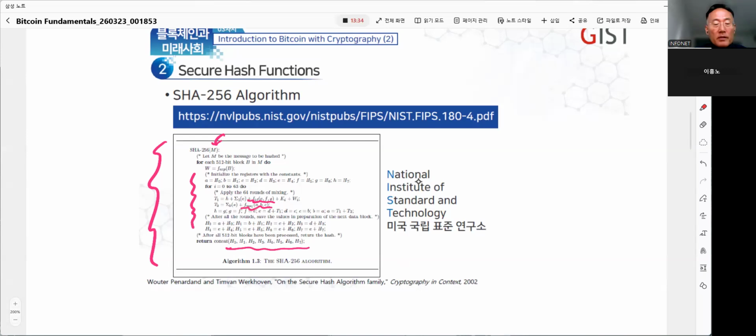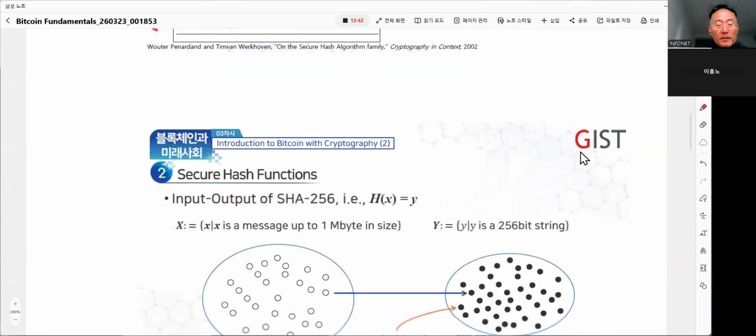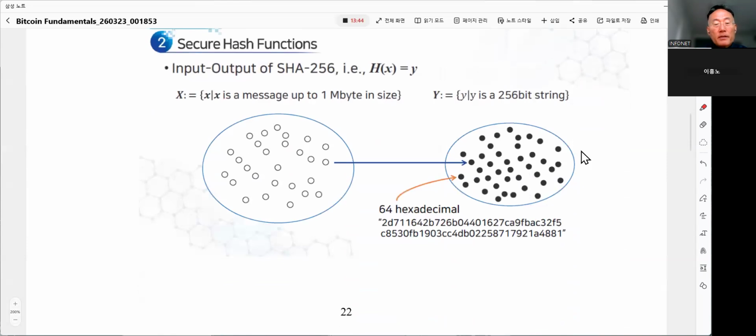The output looks like gibberish, right? And that's it. And here is now the functional input-output relation. Suppose that X, the input set, is a message up to 2 megabytes inside, or 1 megabyte inside.